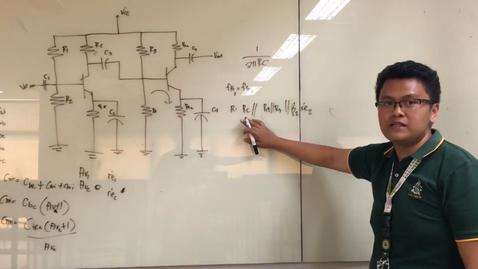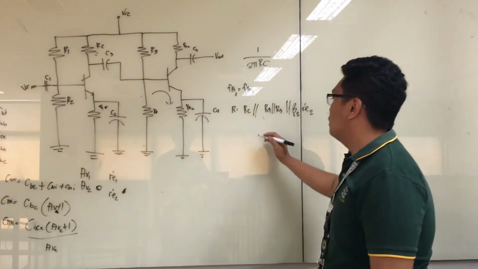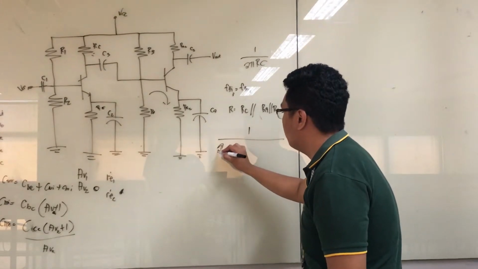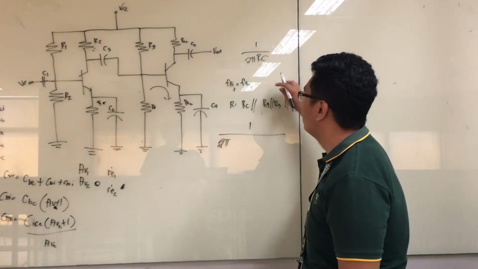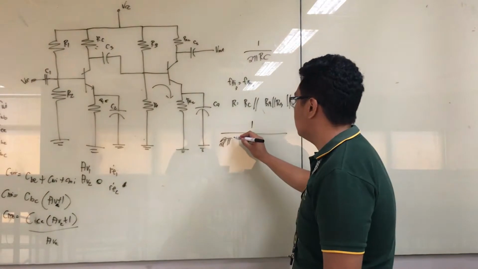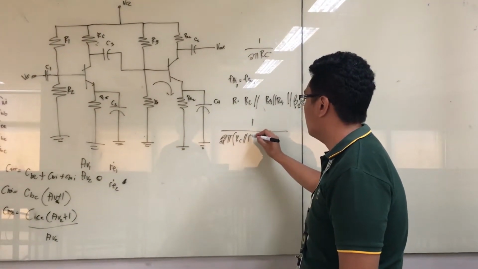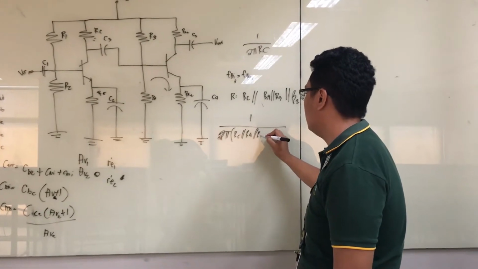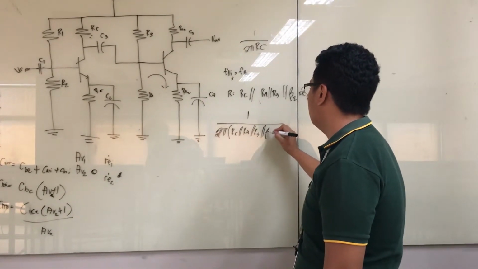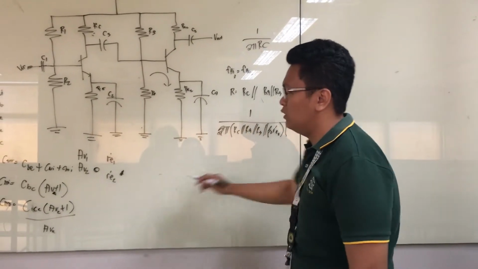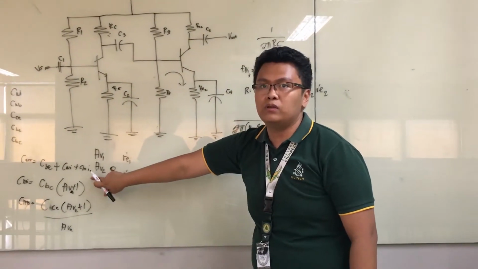Now this is your total resistance. Now combining all, your final formula for the input high frequency response is RC parallel R4 parallel R3 parallel beta 2 R2 multiplied by the total capacitance that you will get for the input.